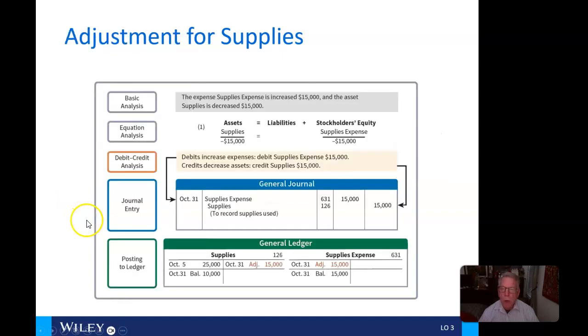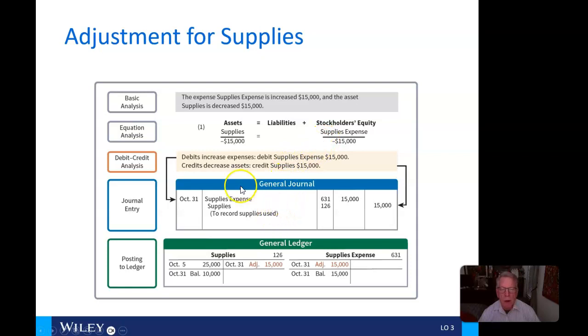So we debit supplies expense here for $15,000, and then we credit supplies, which reduces supplies and increases the expense, which eventually reduces stockholders' equity.